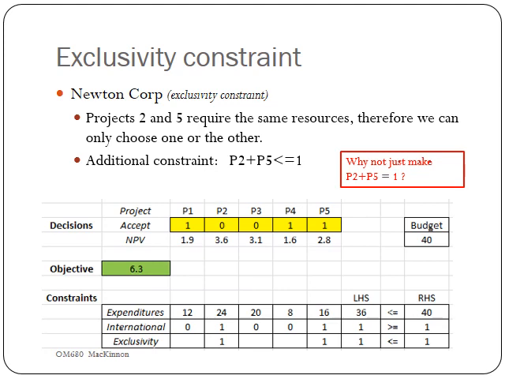As you can see, the way that they are labeled at the bottom of the screen, one of the constraints is to ensure that there is an international component, and the last one is to ensure that only one or the other of them is chosen. As I said, we could combine those last two constraints to just say P2 plus P5 equals 1, but that is not as clear as doing it this way.